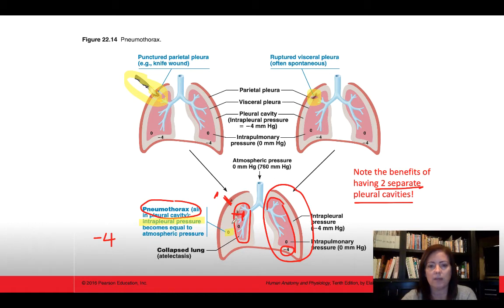Like the right lung is in its own pleural cavity, the left lung is in its own pleural cavity. So something that happens to one pleural cavity doesn't always affect the other. So you can have a pneumothorax with a collapsed lung on one side, and the other lung is still able to do its thing, and it's still breathing. It can keep you alive until you can get to the hospital.